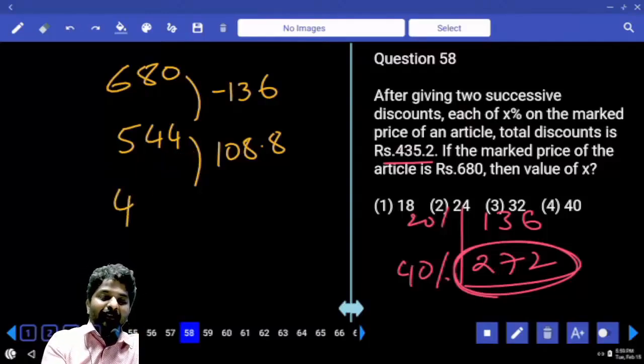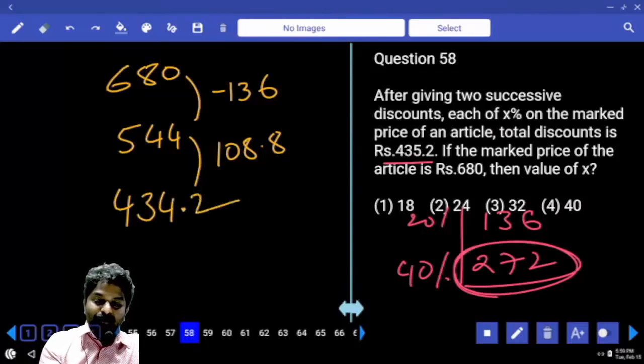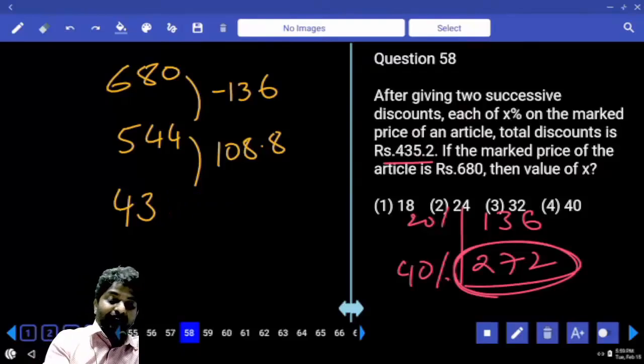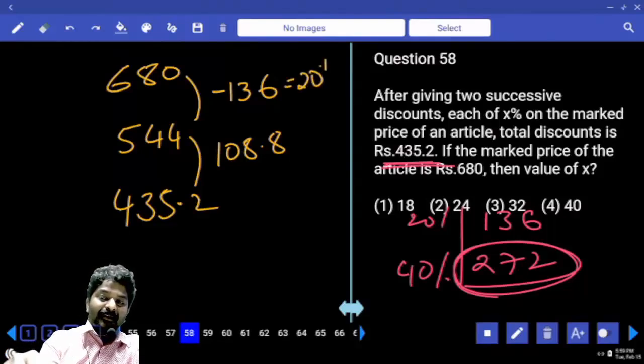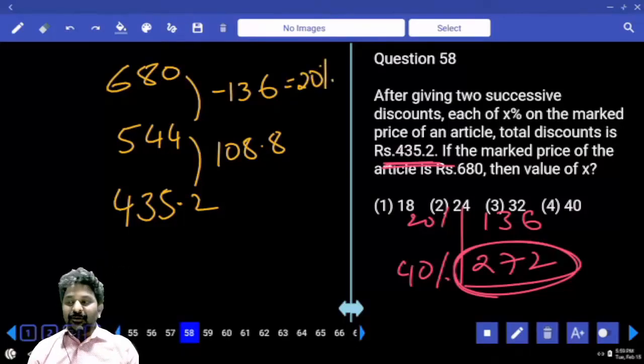To that if you add 1.2, it becomes 435.2, and that is what is given in the question. So what is the percentage that is offered here? 20% is not there. Answer is 20.